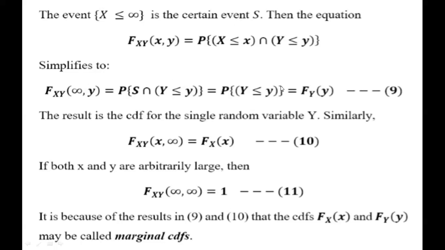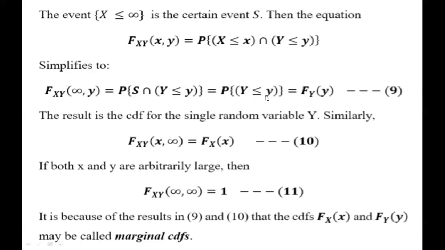That is the equation for the CDF of random variable y. You have gone through this equation in the first module. The CDF of random variable y is equal to the probability of random variable y less than or equal to y.